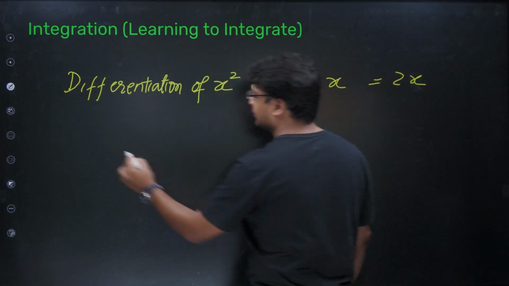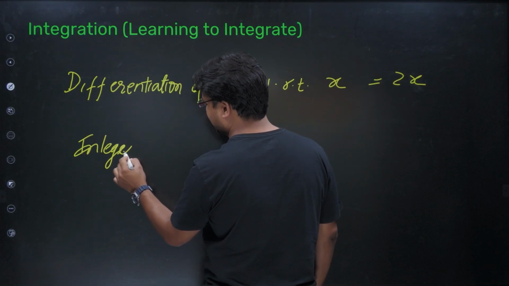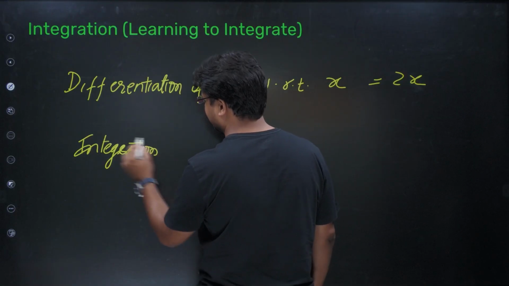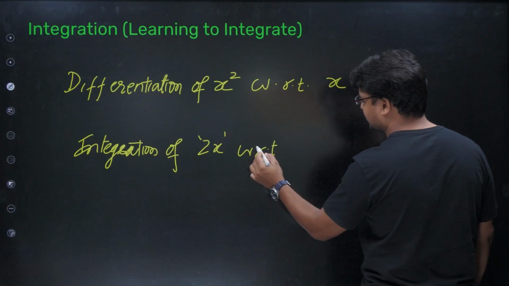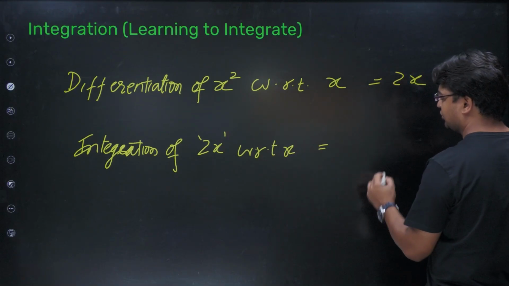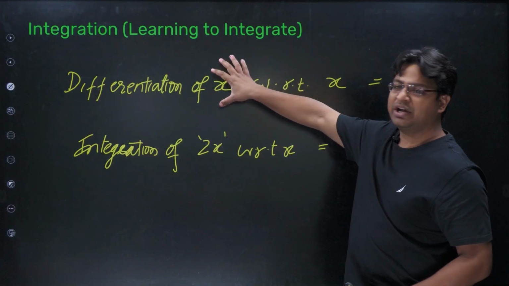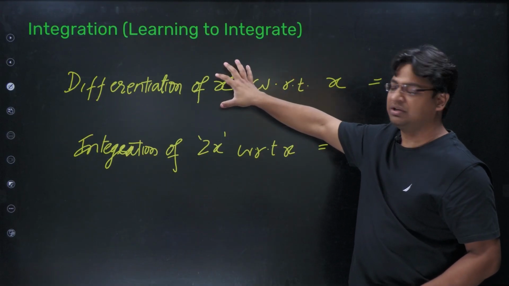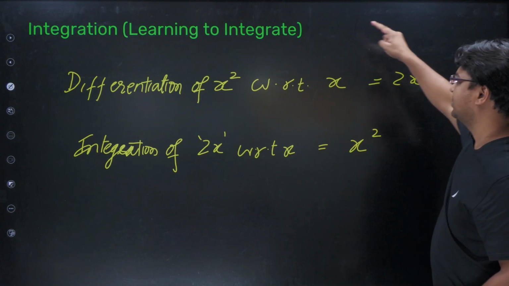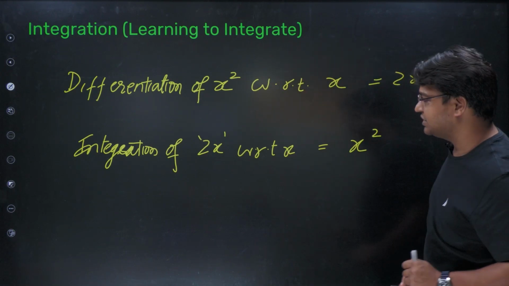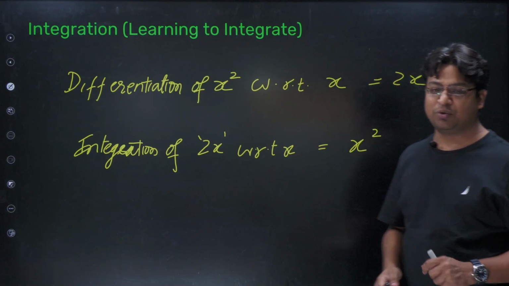Then integration of 2x with respect to x should be equal to x square. Are you getting it? On differentiating something, if you get something, then integrating this thing should give you the original thing. So that is why we are saying that integration is the reverse process of differentiation. I hope you understand this.